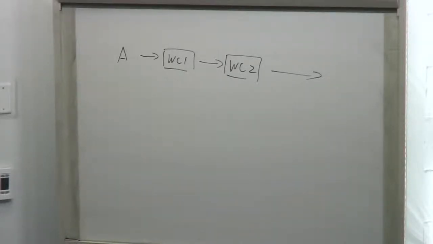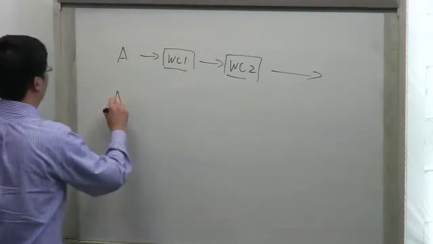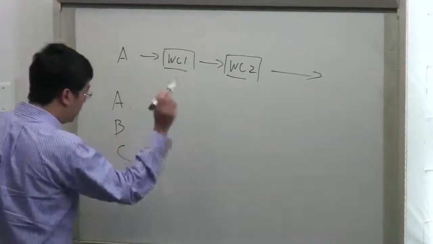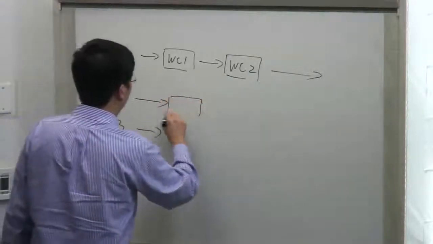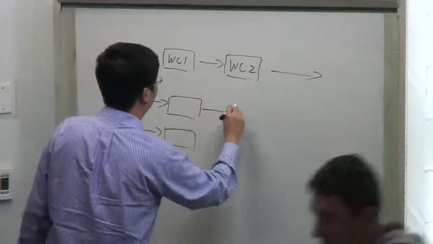So Johnson's rule is used to minimize the makespan for a group of jobs to be processed on 2 machines or 2 work centers. The goal is to minimize the total makespan, which means if you have, for example, 3 different jobs, all of them have to go to the first work center and then the second.